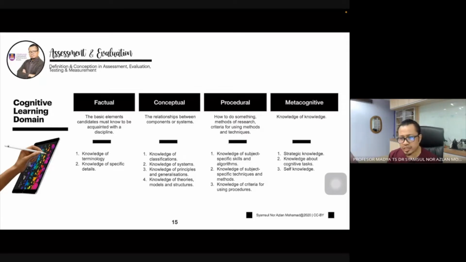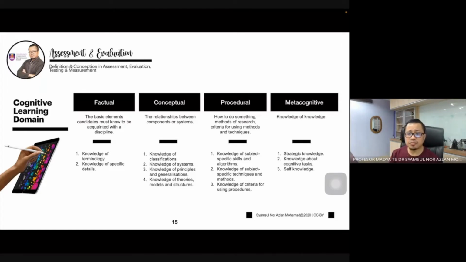So what is it all about? The first one is factual. Every student, when they embark on their learning journey and learning process, should know the basic elements acquainted with the discipline, meaning the student needs to be exposed to the knowledge of terminology and the knowledge of specific details.